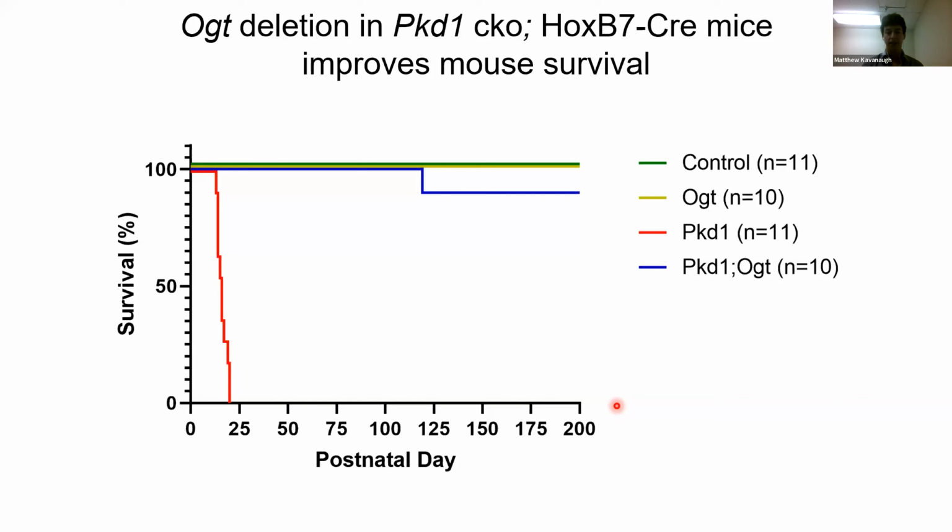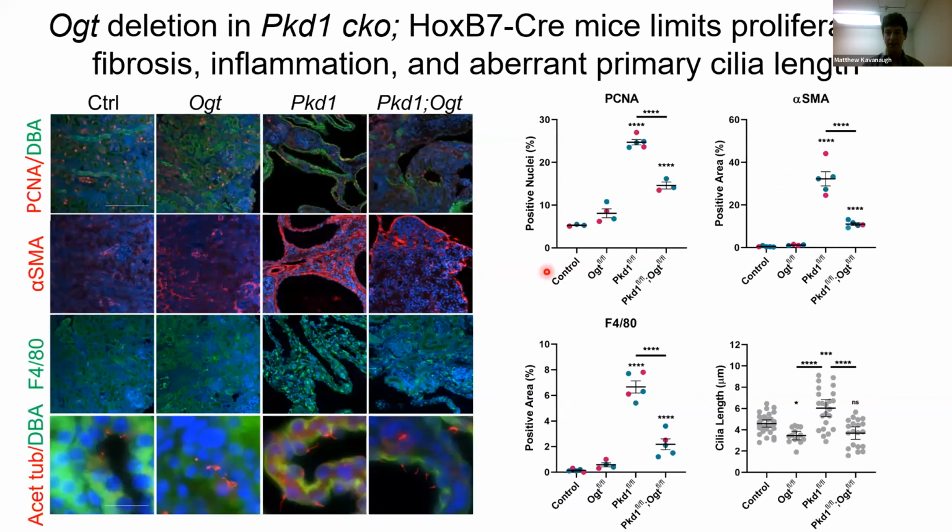Our P14 time point indicated very little in the way of difference. You can see minor elevations in PCNA not reaching the level of statistical significance, and we do see slightly shorter cilia in our OGT knockout as well. But on the whole, they seem to be doing well, which is a very good sign, I'd like to think.